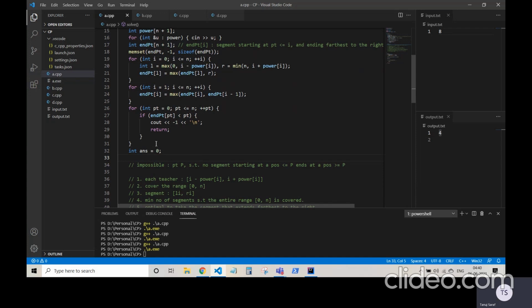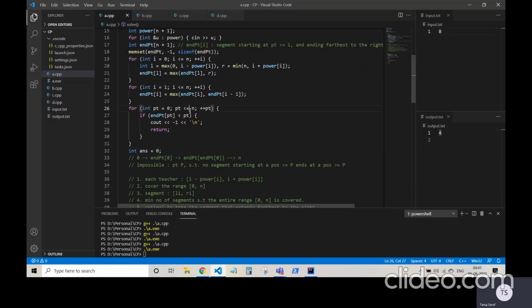Which includes all the segments that started on or before the endpoint of 0. So from 0 I go to endpoint of 0, and from here I would go to the endpoint of that, and we keep doing this until we reach n, right? And so we made one jump, two jumps, and so on. So as many points as we have, that many jumps we will make, right?